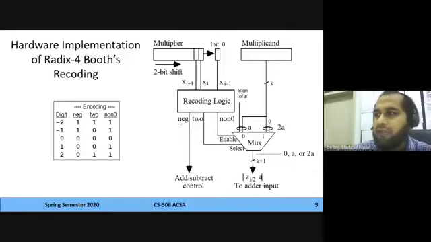The signals that we need are negate, 2, and non-zero. Non-zero is actually going to be 1 for all values except 0. For 0 it's going to be 0, because that's the only zero value over here, and for all the other ones it's going to be 1. So this is a simple circuit.